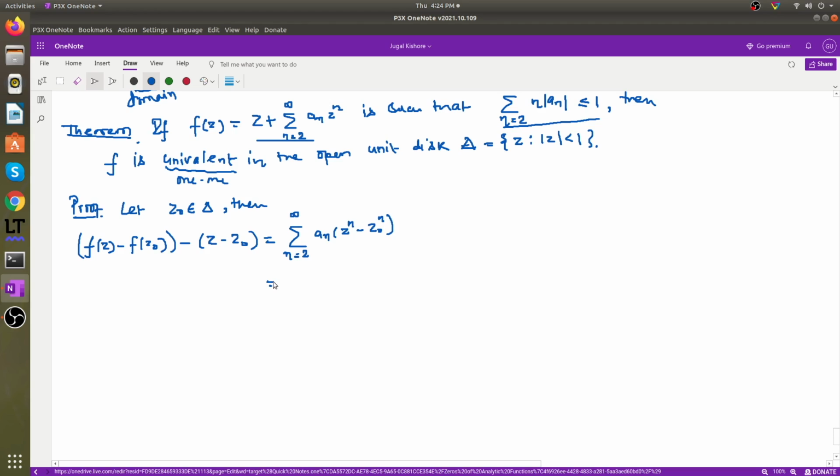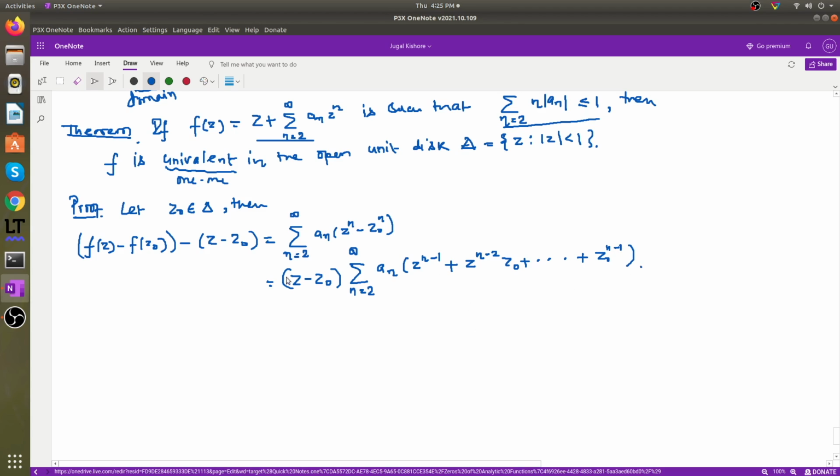Further, we take the term z minus z naught out. So this is the sum from n equals 2 to infinity of a_n, times (z^(n-1) plus z^(n-2) z naught plus up to z naught^(n-1)).